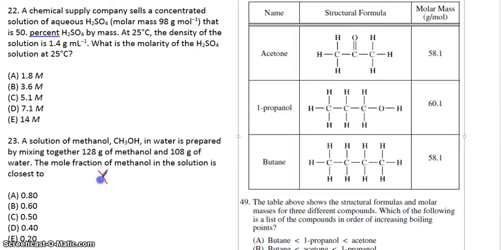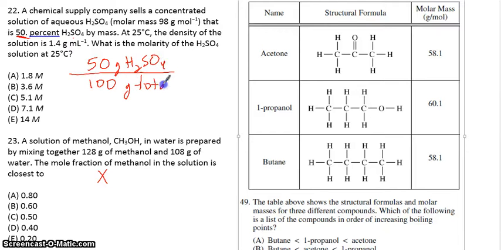We actually took a look at mole fraction, which was X. Percent by mass: if a compound is 50% by mass H2SO4, sulfuric acid, you can say that there is 50 grams of H2SO4 in 100 grams total. Which means you have a solution that's 50 grams water and 50 grams H2SO4.